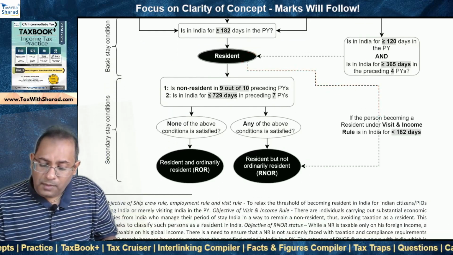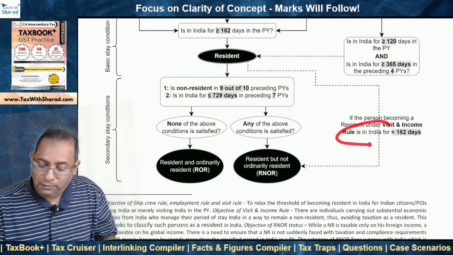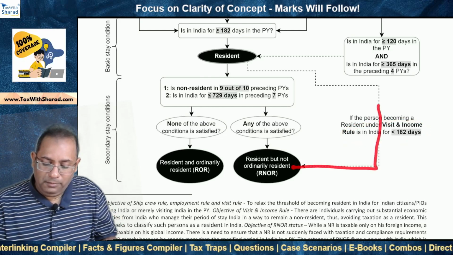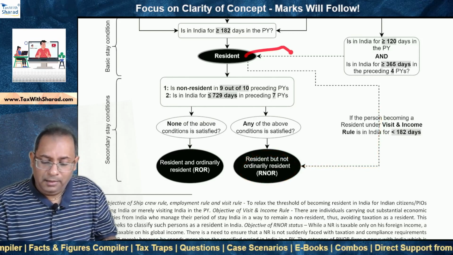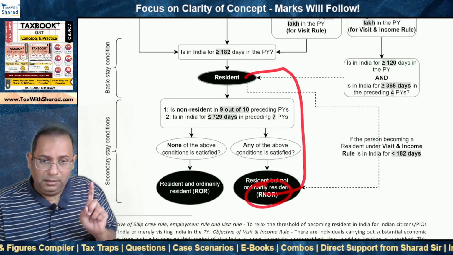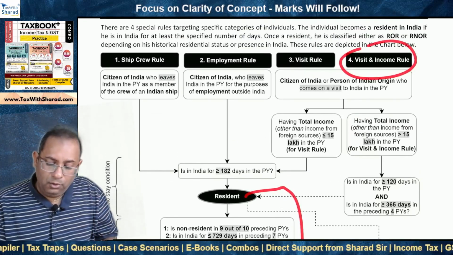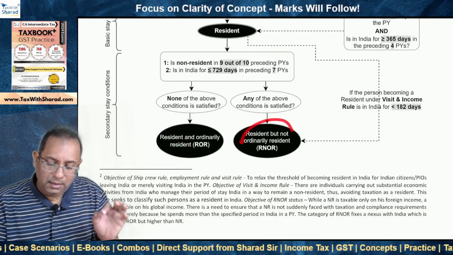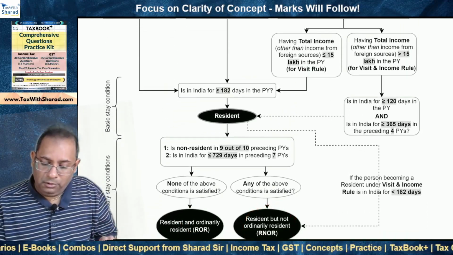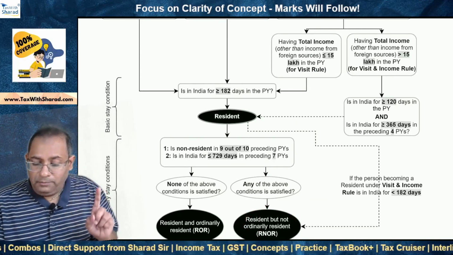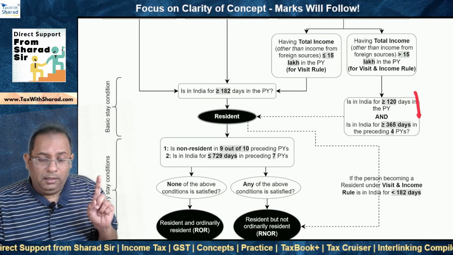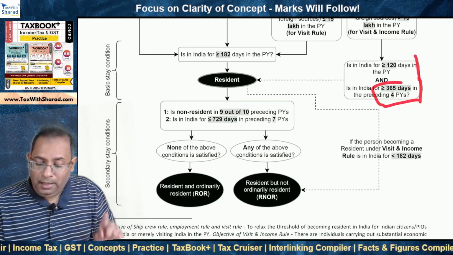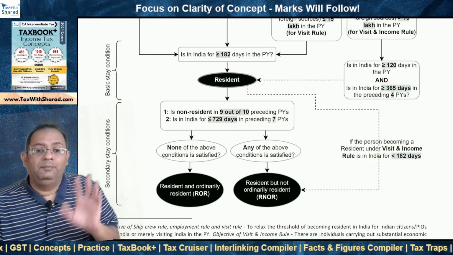We check whether the person is in India for less than 182 days. If yes, then the person straight away becomes a resident and then RNOR. This means that under the visit and income rule, the person cannot become ROR. The person will always be categorized as RNOR. But for that, the condition should be that the person should be in India 120 days or more in the previous year, and 365 days or more in the preceding 4 years, and less than 182 days in the current previous year.